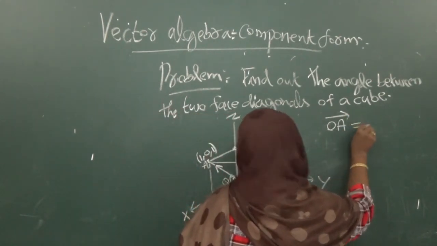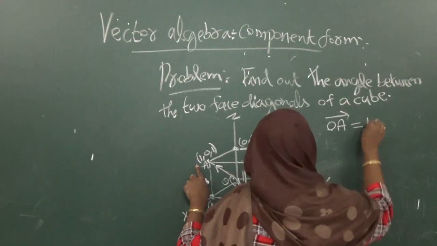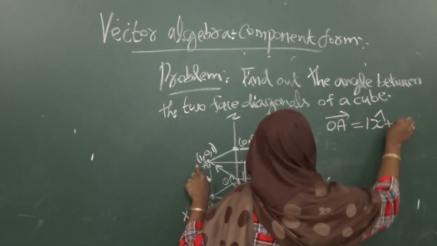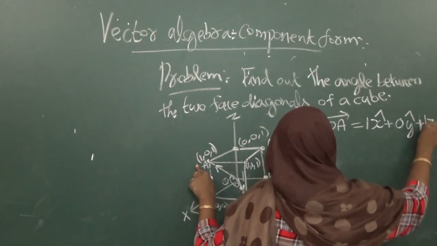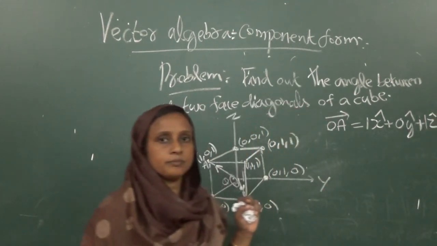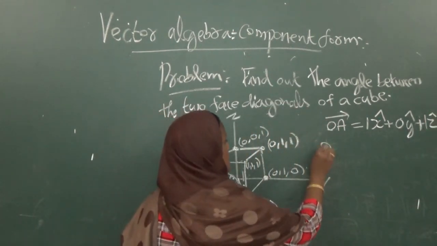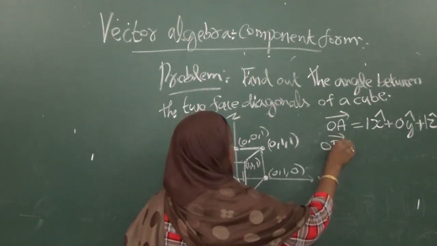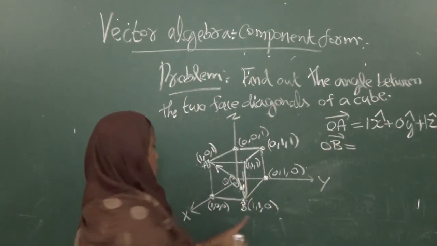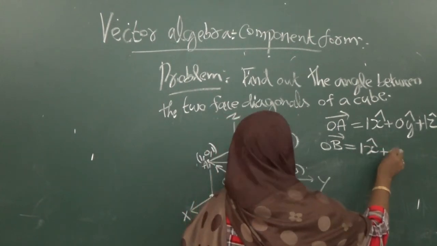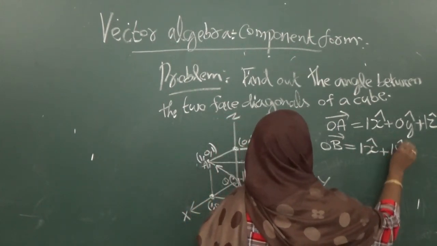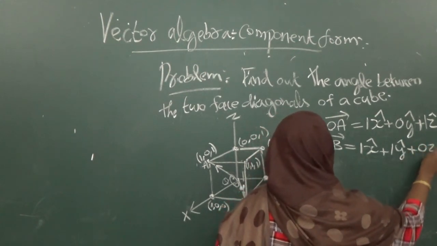Vector OA equals 1 x cap plus 0 y cap plus 1 z cap. Similarly, the second face diagonal, vector OB equals 1 x cap plus 1 y cap plus 0 z cap.